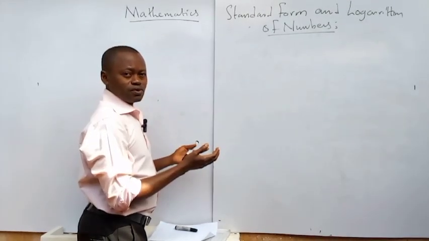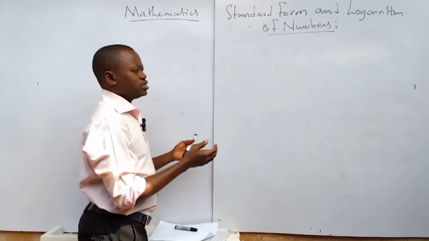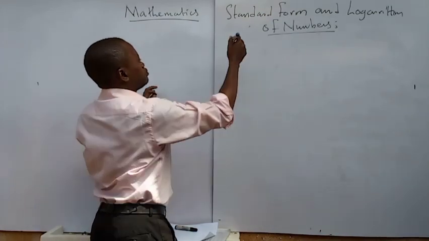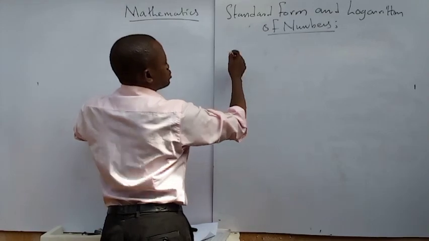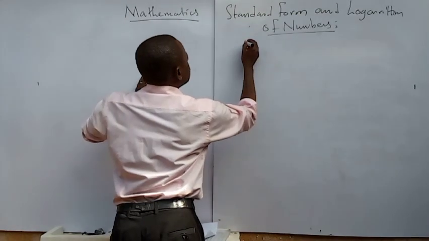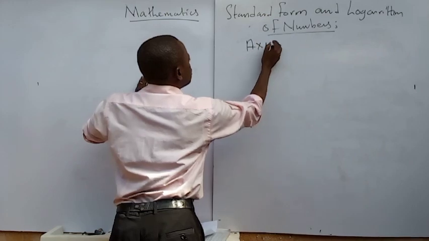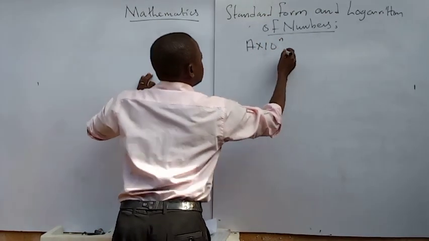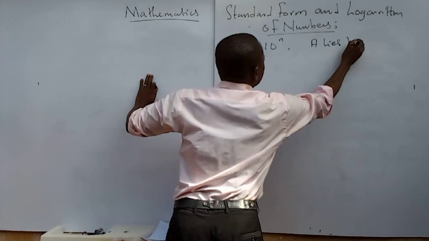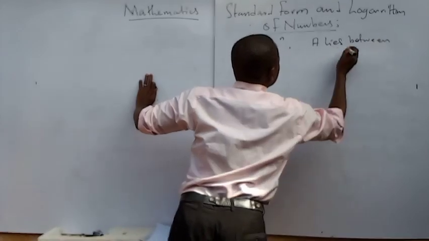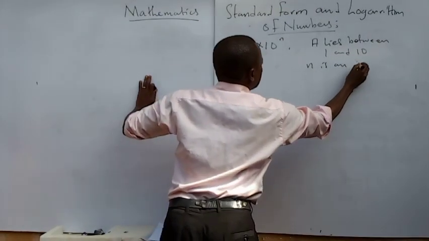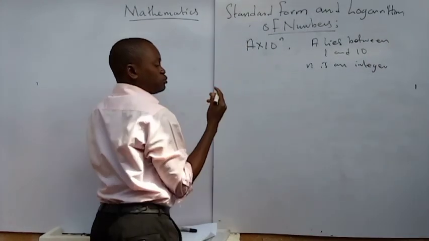Standard form is an expression of a number in the form a times 10 raised to power n, where a lies between 1 and 10, and n is an integer, meaning it can be positive or negative.